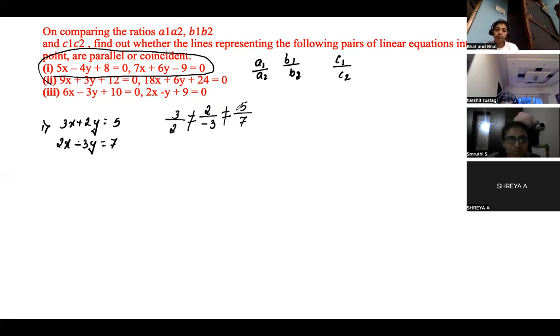Do you remember the table? The pair of equations are consistent, with a unique solution. Yes, that table you should remember. Basically, this chapter we have to do with that table only. If you remember the table, the whole chapter is easy for you.